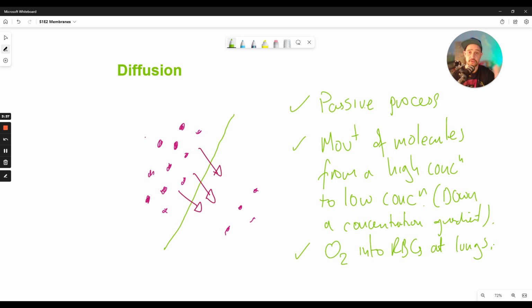Okay, so that's diffusion. We're now going to have a look at our next passive process, which is going to take a little bit longer to describe and explain, and that is osmosis. So see you on the other side.